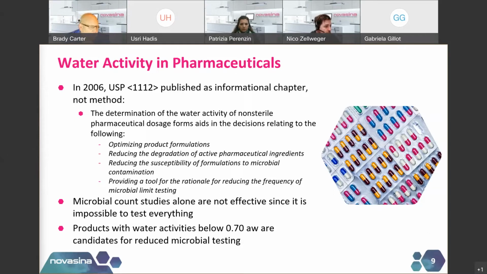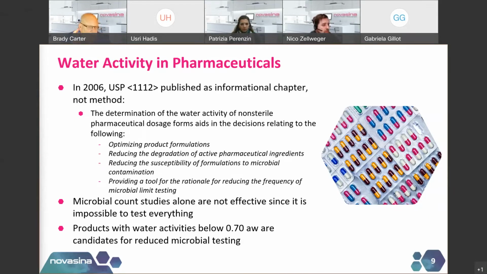And really what was outlined and focused in this USP 1112 was that you could utilize water activity to optimize formulations, reduce degradation, but mainly it was for reducing the susceptibility of formulations to microbial contamination, and in addition, providing a tool for reducing the frequency of microbial limits testing.